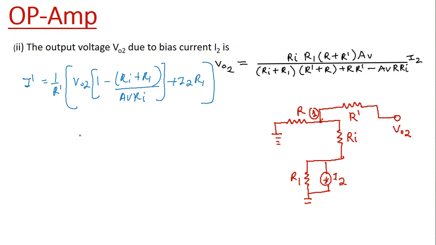So this is the equation of I dash we are getting. Now this is the equation number 7 we have.